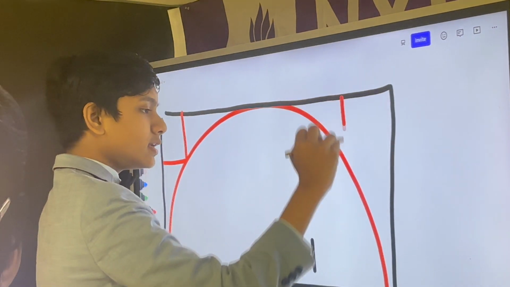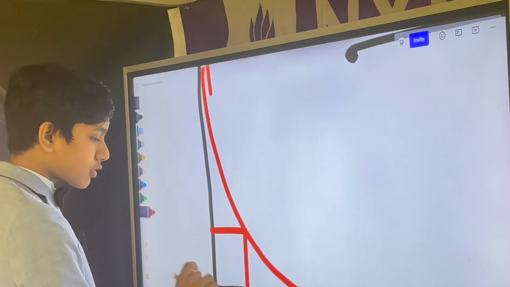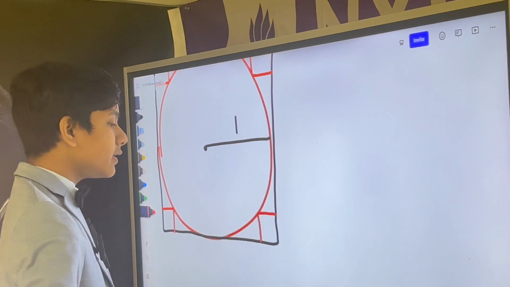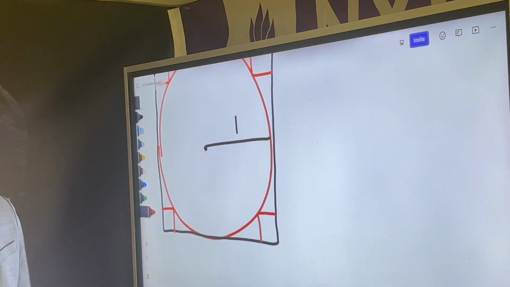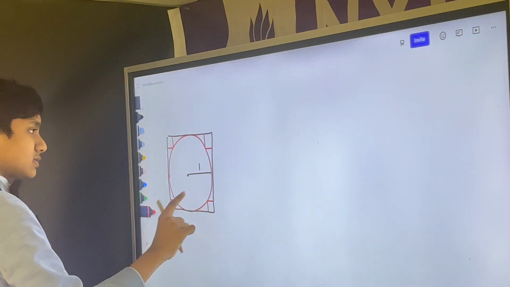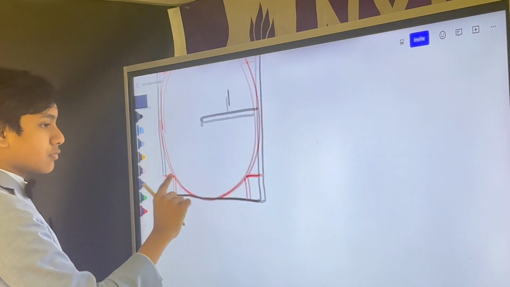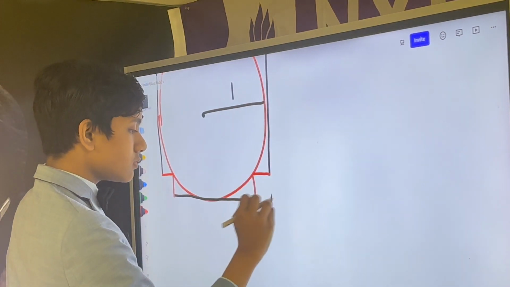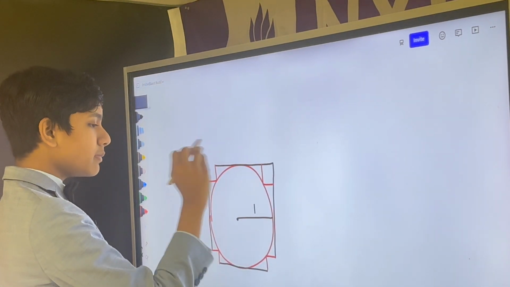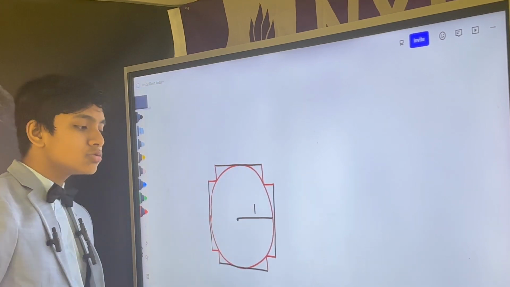You fold in this corner over here, so it looks like this. You fold in this corner, and this corner. The perimeter of the resulting shape has not changed. Just for extra effect, I might as well erase the parts that were originally there. So as you can see, the perimeter has not changed, but the shape has gotten closer to the circle.